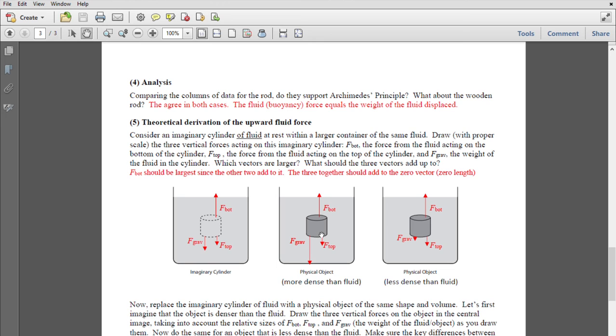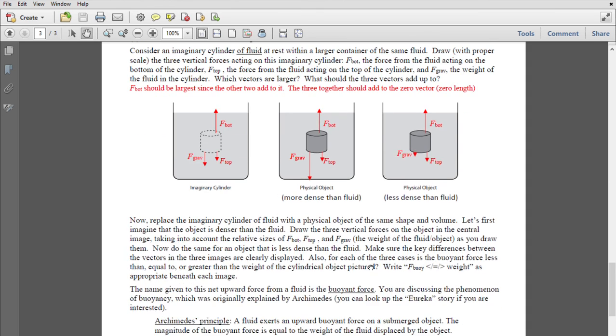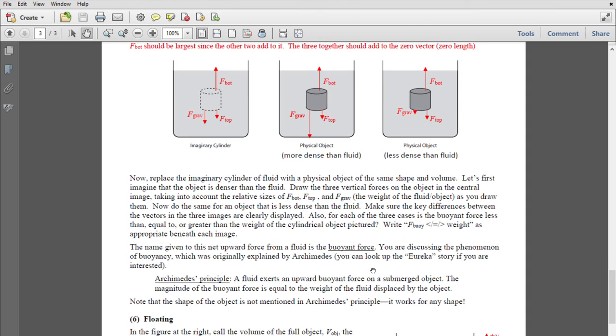They add to a net force going down, and this object's going to sink. That's what happens when it's more dense than the fluid. When it's less dense than the fluid, the weight force gets smaller, and that means the sum of these three forces is going to add to a force that's going upward, and this object is going to rise to the surface.